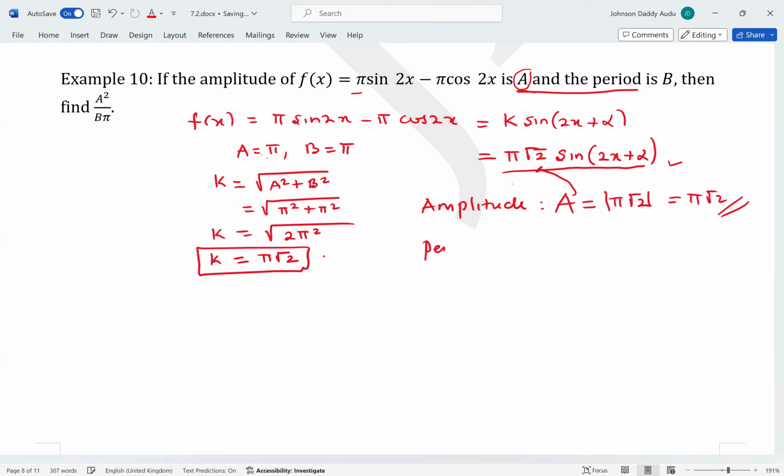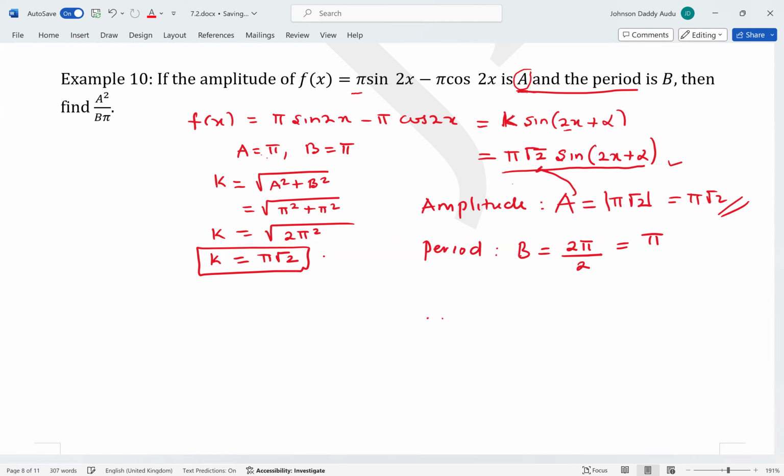Then the period is B. Remember the formula for period is 2 pi over K. But now we're not talking of this capital K, but this 2 pi over 2, which is just pi.